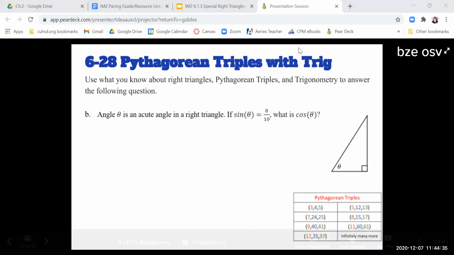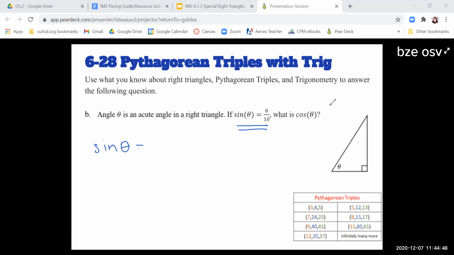So sine of theta is 8 over 10. I'm going to rewrite it as the sine of theta is 4 over 5. Because I don't really care about the actual lengths, I just care about their ratios, because all I'm trying to find is the cosine of theta.